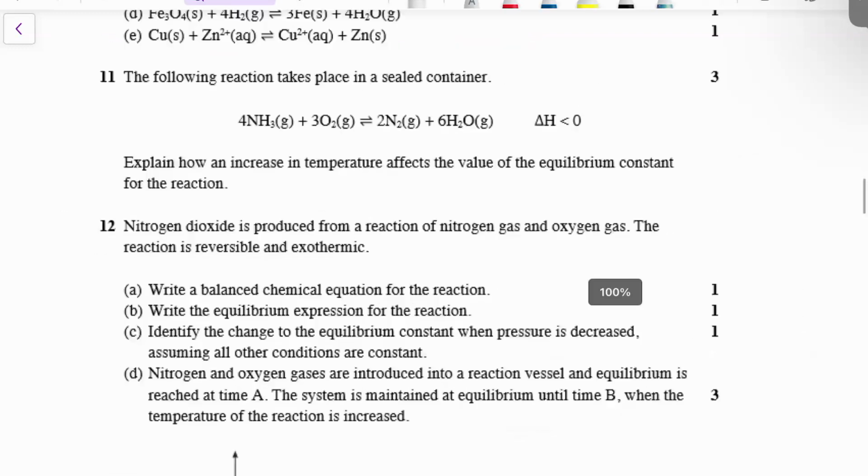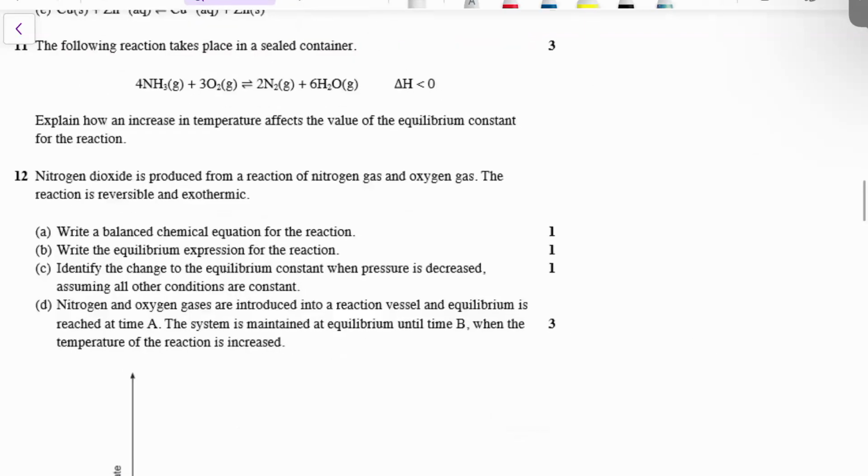When we identify a Le Chatelier's principle question, we tend to have to talk about it pretty much throughout our response, so it's always good to define it straight away at the start. Le Chatelier's principle says that when a disturbance is imposed on a system at equilibrium, the system will shift to oppose the change. That's the formal definition.